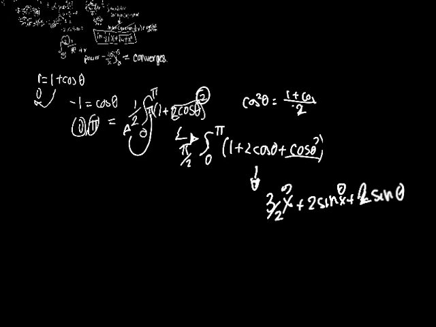And if we plug in 0 for theta, all of these will cancel out. And if we plug in pi for sine, they both cancel out. So we're left with this, 3 pi over 2 as our answer.